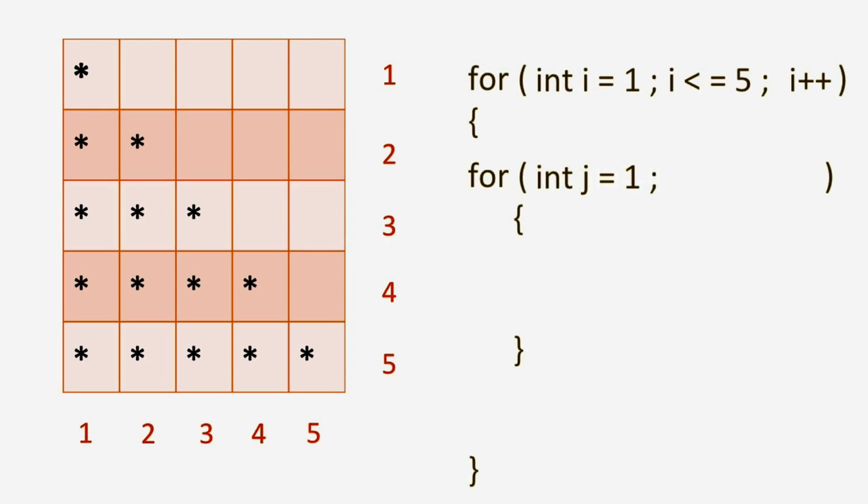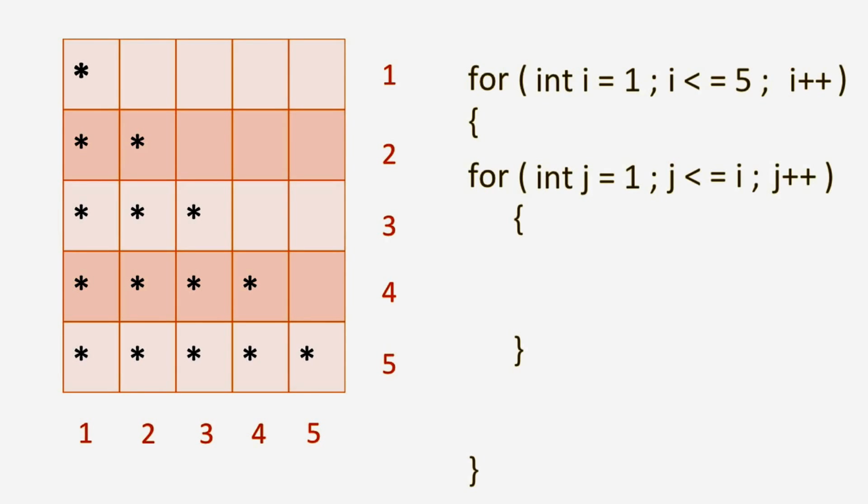As we have defined a loop that tracks the row number, we can just put a condition of j less than or equal to i. So every time, j starts with 1 and goes up to the row number. So that is the loop.